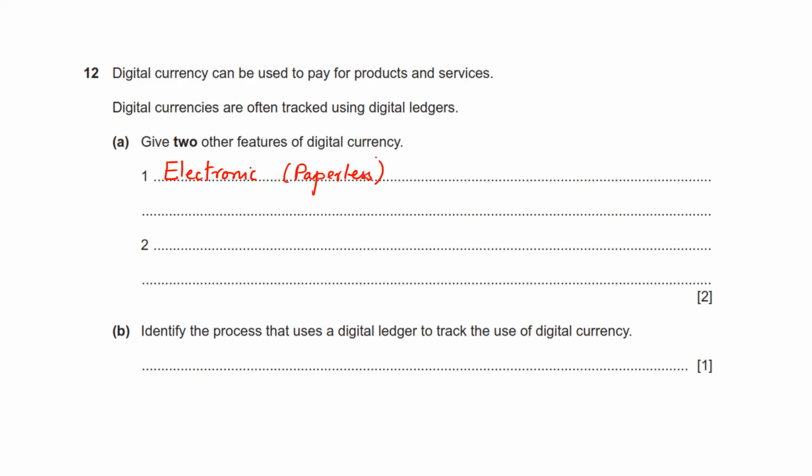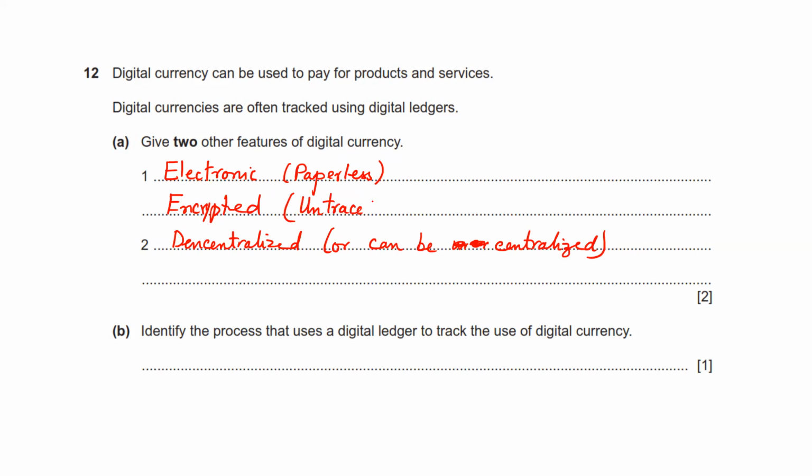They are decentralized, or in some cases can be centralized. They are encrypted, or they can be encrypted, or untraceable.